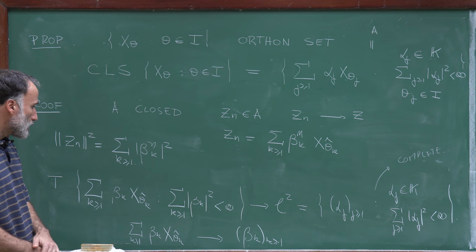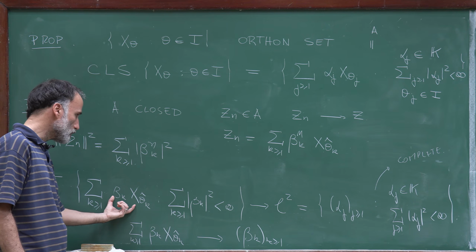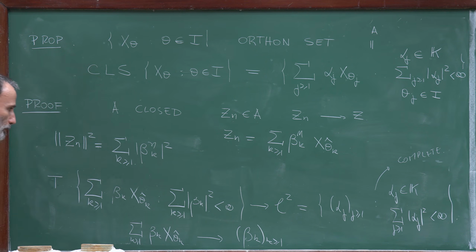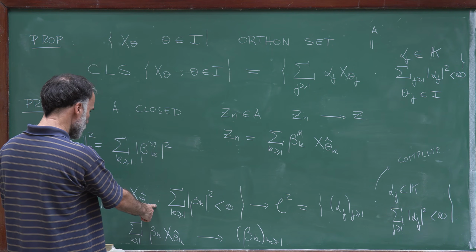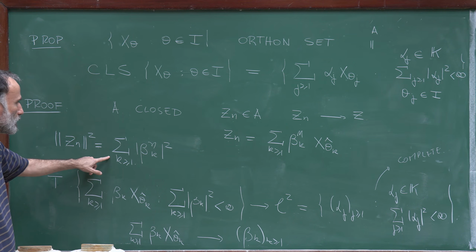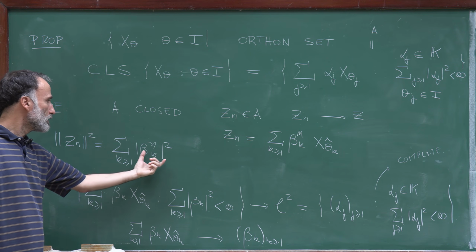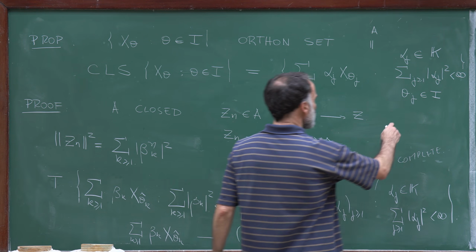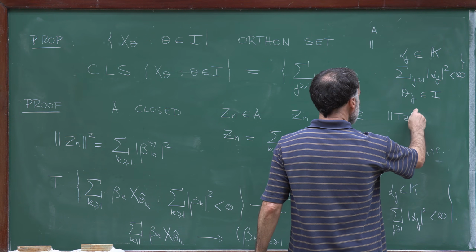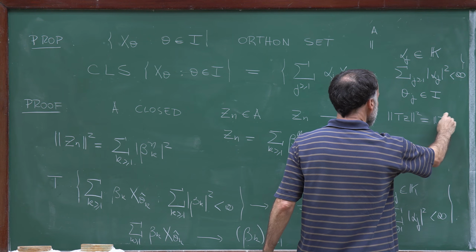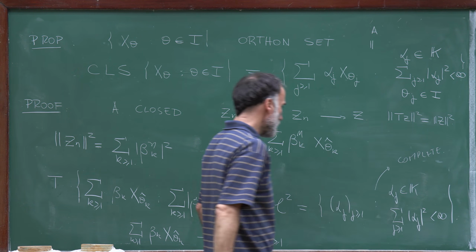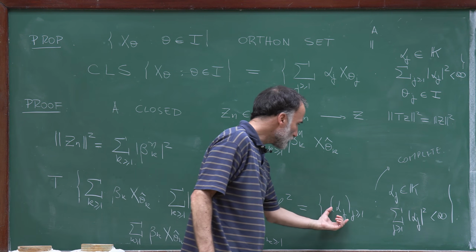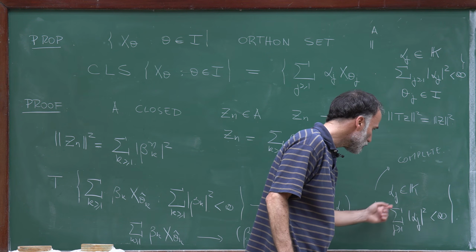This map is linear. That's clear. If you take the sum of two elements, you get the sum of the sequences. So it's linear. And it's also an isometry, because the square of the norm of this element, we computed it here. It's just the sum of the squares of the absolute values, and therefore if you take the norm of T of z squared, this is equal to the norm of z squared, because remember, we defined the norm of a sequence alpha as the square root of this expression.